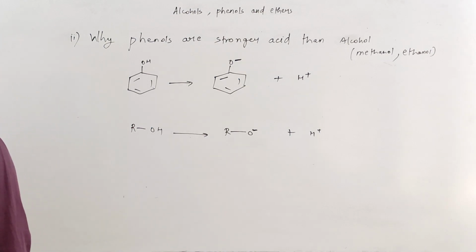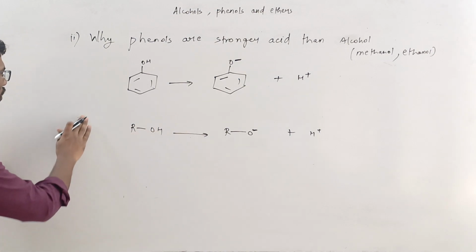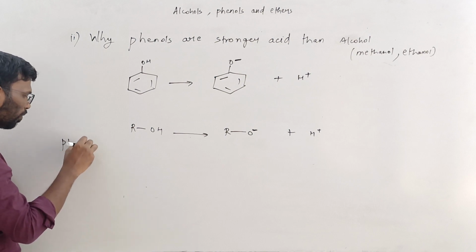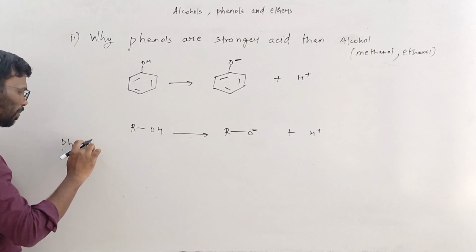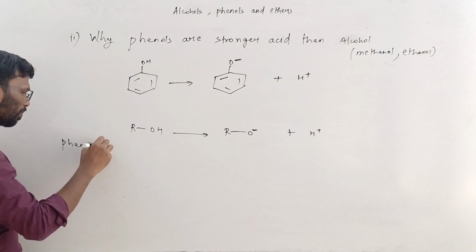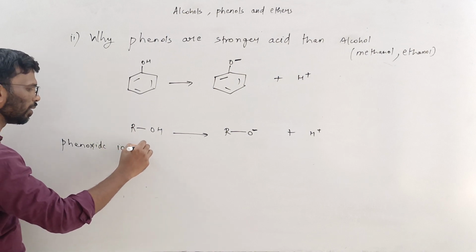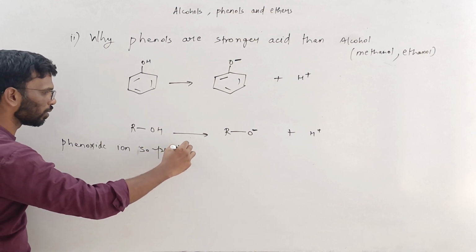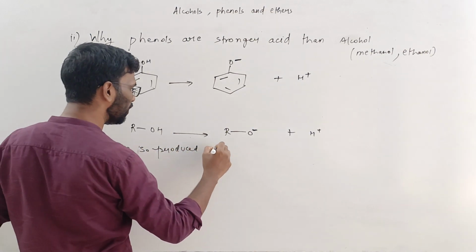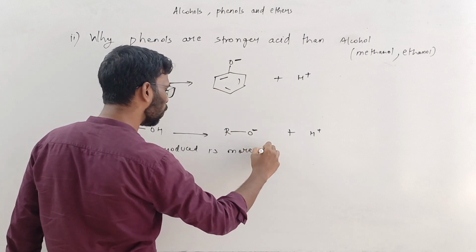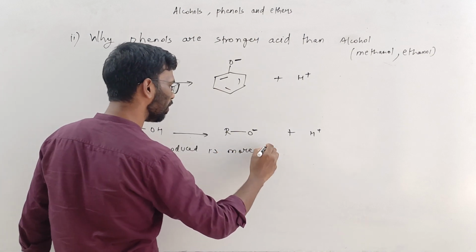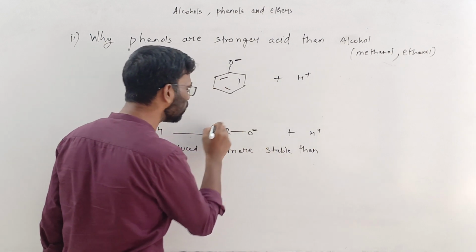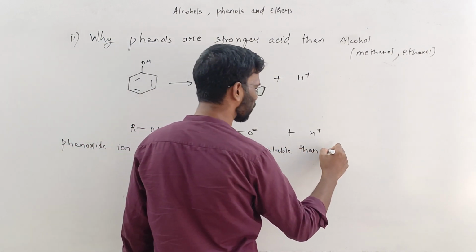So the reason you can write is that the phenoxide ion so produced is more stable than, what is this? This is an alkoxide ion.